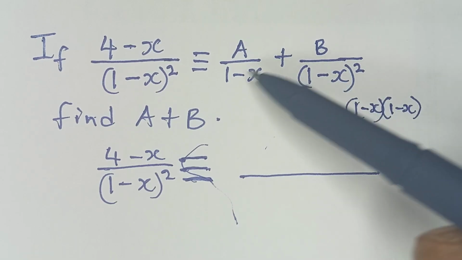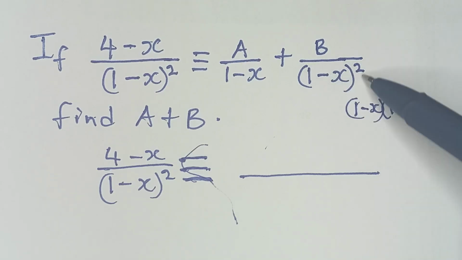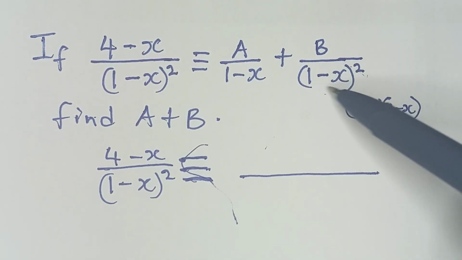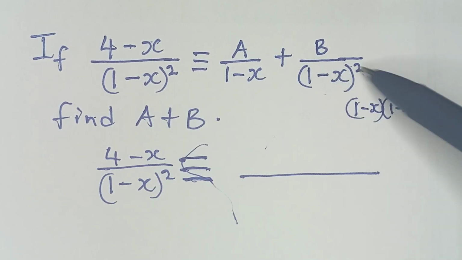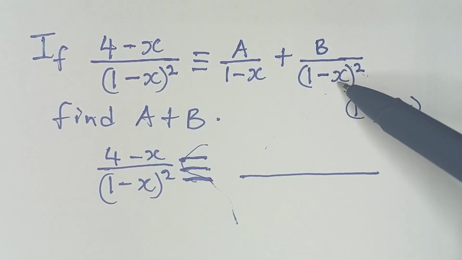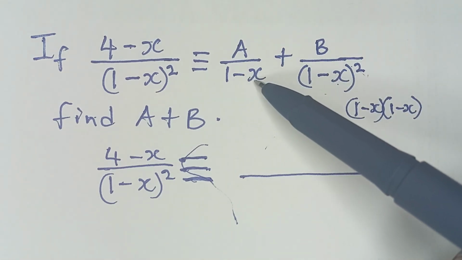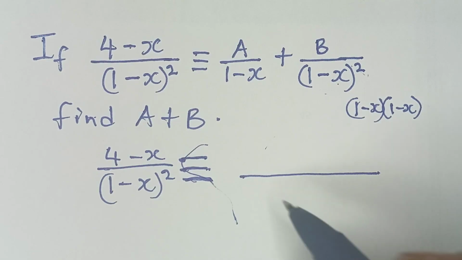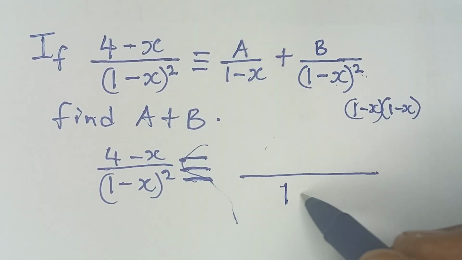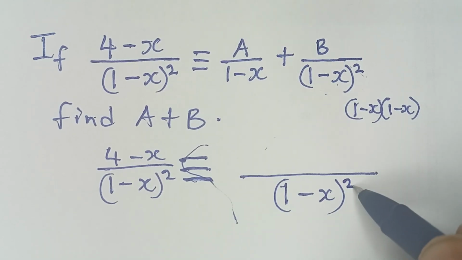So what is common is I have 1 minus x, 1 minus x, all common. So the LCM will simply be this term, squared. This is the LCM because it can divide itself, and it can also divide 1 minus x. So the LCM, I'll take that as (1 minus x) all squared.